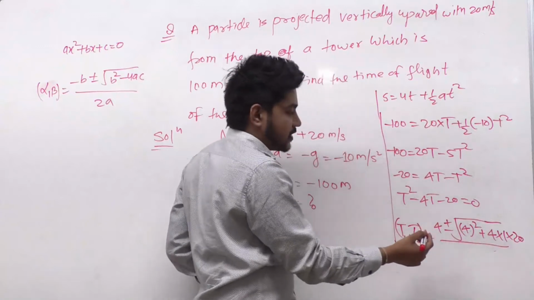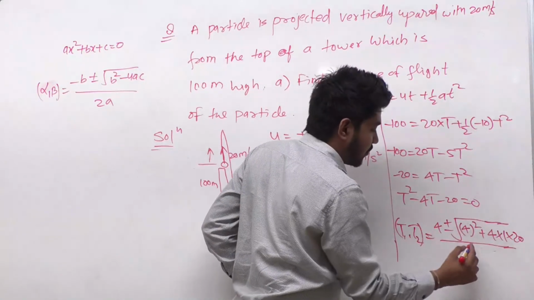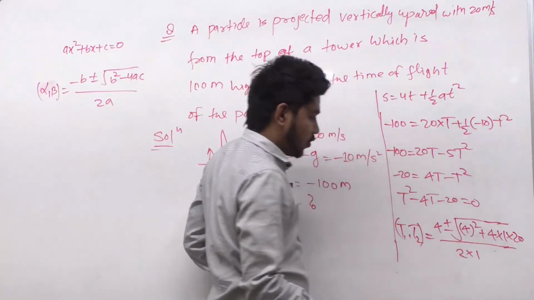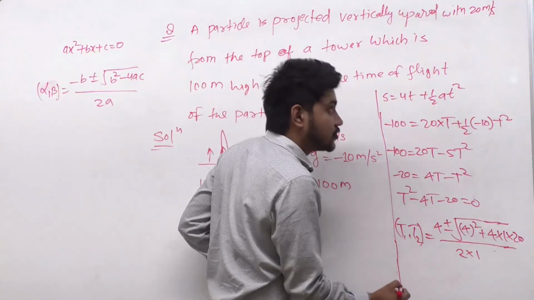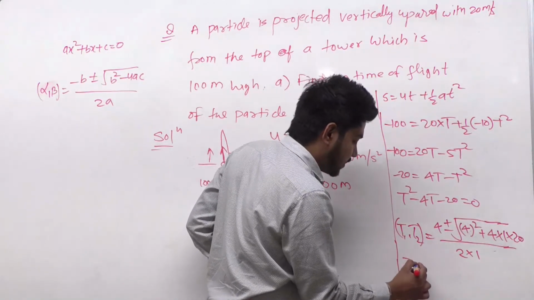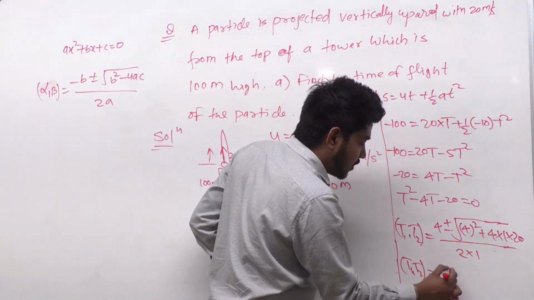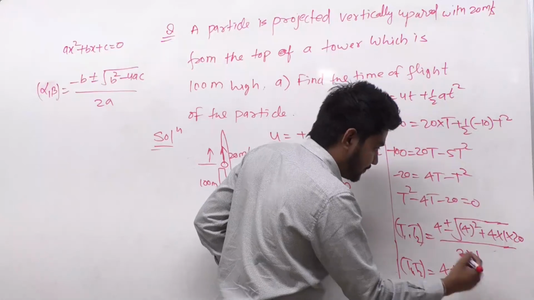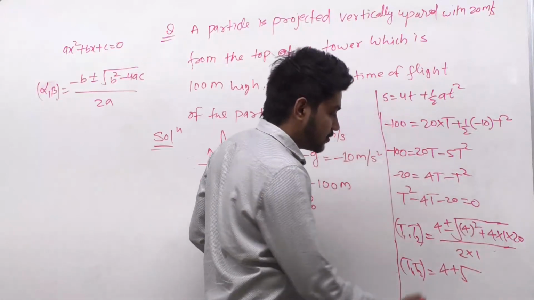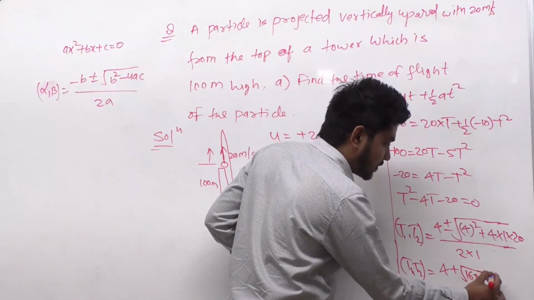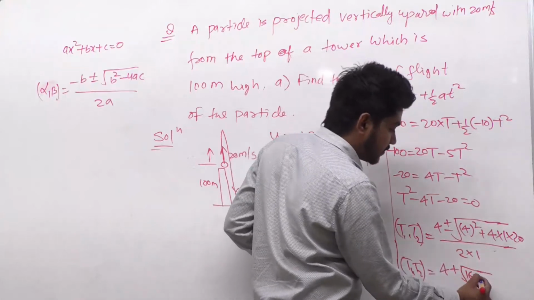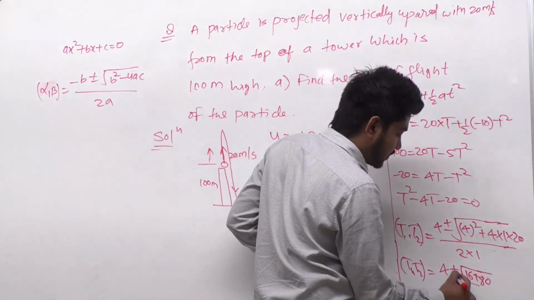So 4 plus minus root of b square minus 4ac upon 2 into a. So over here the two roots will come. So the first root t1 and t2 will be what? 4 plus this is 16 plus 80 by 2 plus minus, right?